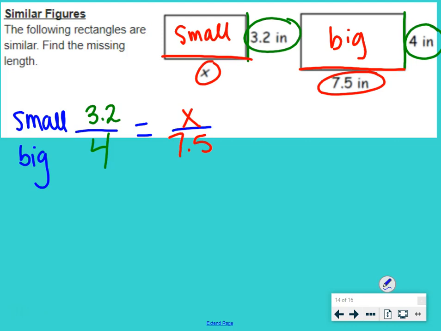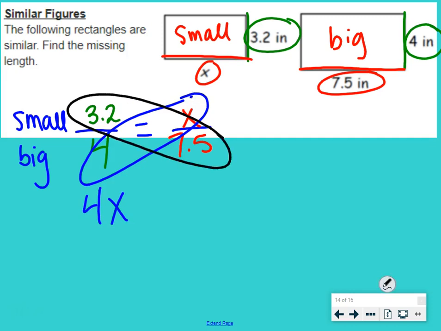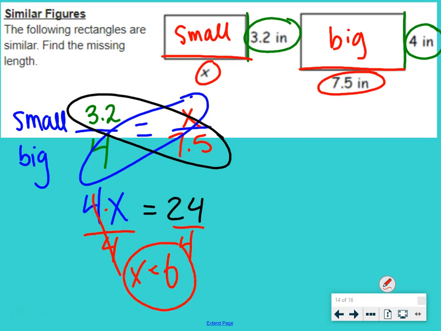For cross multiplying, we multiply our diagonals. So we do 4 times x, and we get 4x. We do 3.2 times 7.5, and we get 24. Solve that for x, so we need to divide by 4 because this is multiplying. Undo that with division. We get x equals 24 divided by 4 is 6.